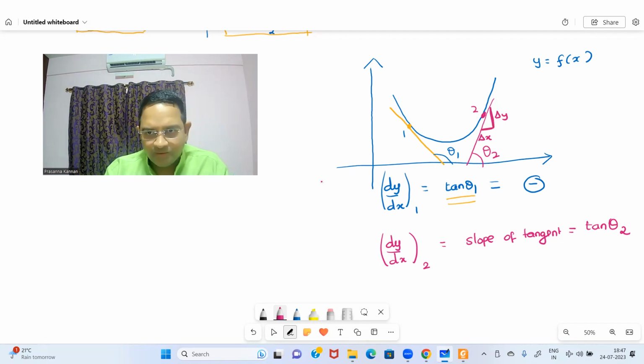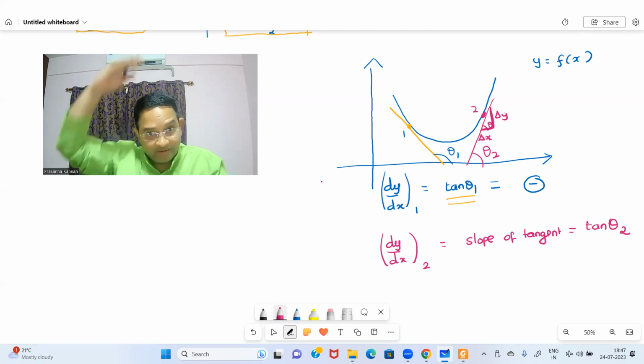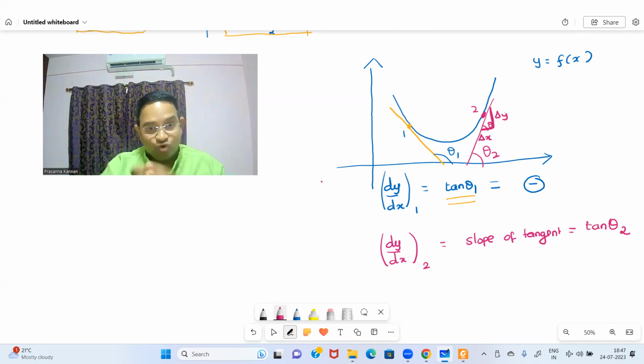So this is theta, opposite by adjacent. That's why it is tan. All right. Greater the y for a small x, slope is very large. Small y, greater x, then slope is very low. Okay, anyways. So now dy by dx is tan theta 2.